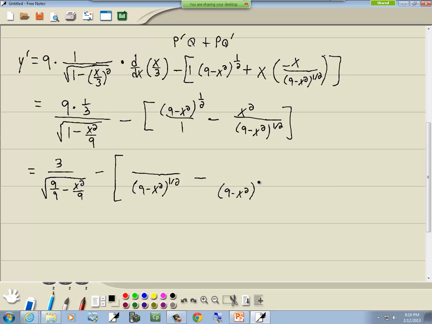Now our second fraction already had that, so it's good as is. Our first one, we multiplied the bottom part by 9 minus x squared to the 1/2. We have to multiply the top part by 9 minus x squared to the 1/2.